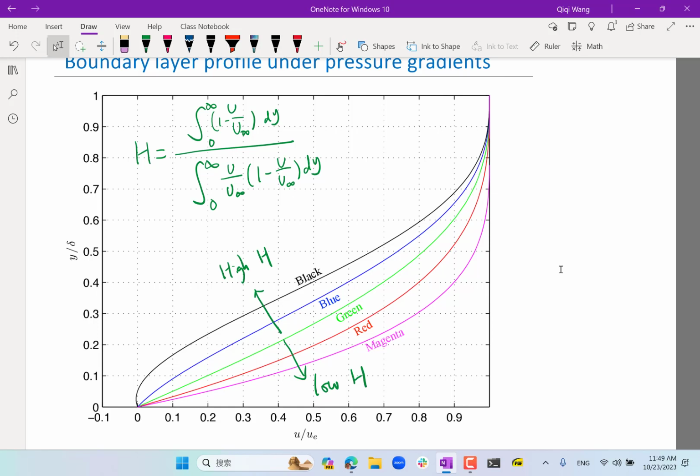Again, the forces affecting the boundary layer are pressure force and viscous force, right? Does pressure force want to make you separate or not separate? Which direction is the pressure force? Upstream, right? The pressure force in the adverse pressure gradient always wants to make the flow separate.